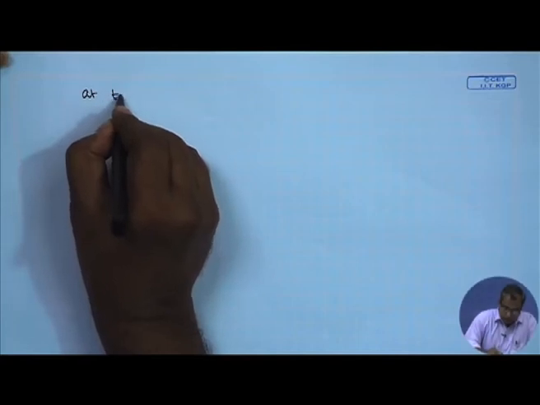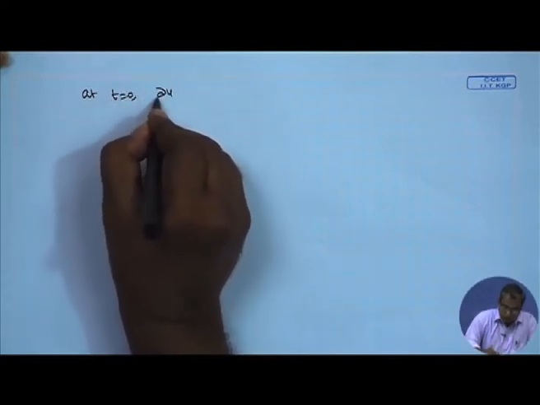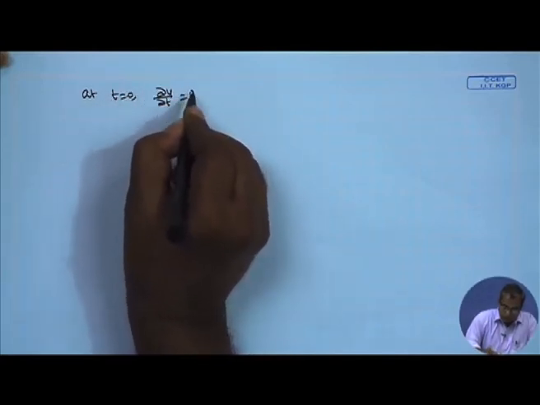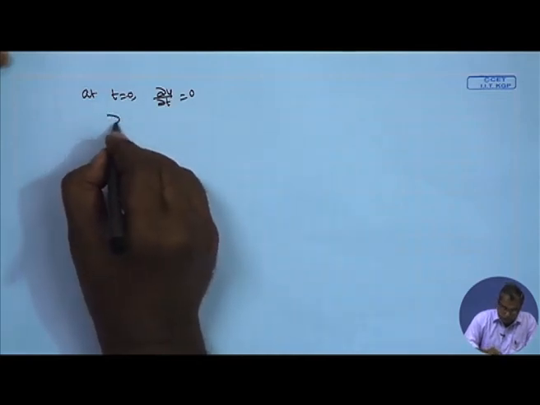Okay. So, the other condition is at t is equal to 0, del u del t is equal to 0. So, let us evaluate what del u del t is.